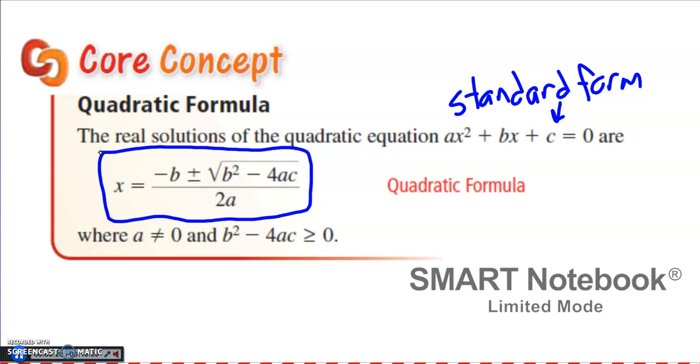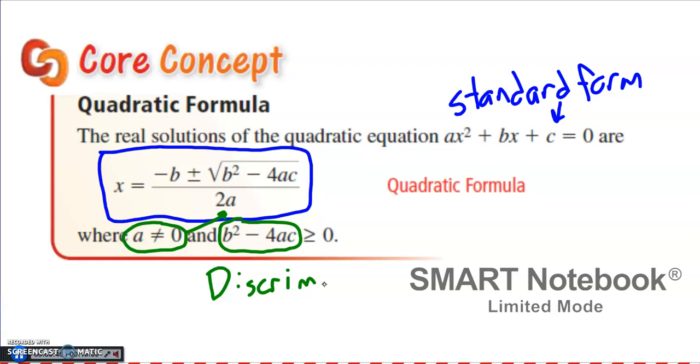And notice that there's two main things here. It says that a cannot be 0. That means our denominator can't be 0. And this term right here, b squared minus 4ac, we call this the discriminant. I'm just going to abbreviate and say discrim.